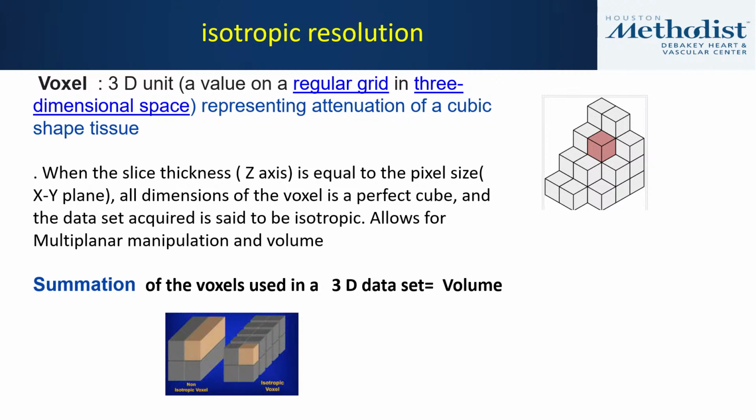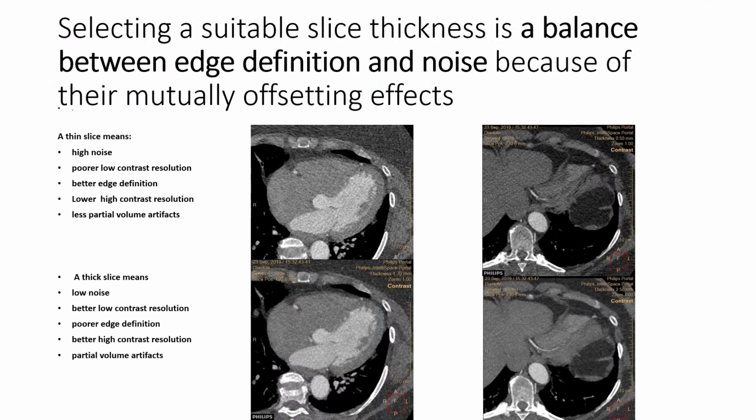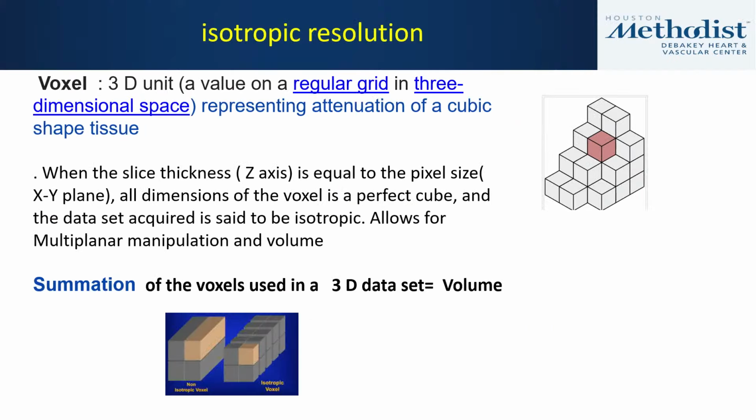You can acquire a data set that allows you to manipulate the structure without distorting it, because it is the same in all three dimensions.